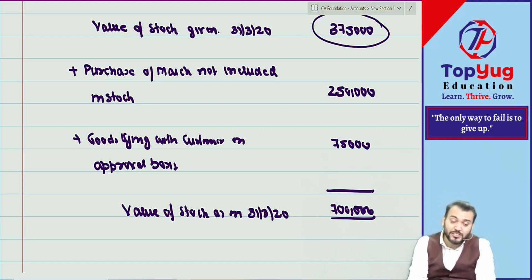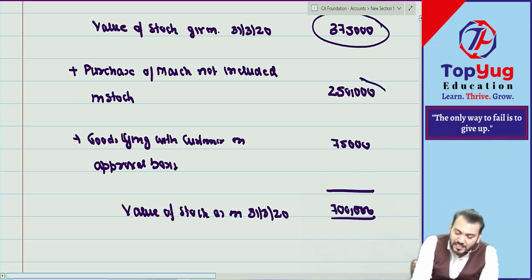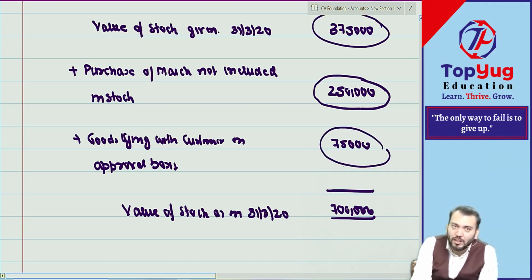But suppose in the question they ask what the physical stock is, then what will be your answer? Is the 2,50,000 in the premises or not? It is not in the premises, so it will not be added. Your answer will be 3,75,000 plus 2,50,000 as the physical stock.